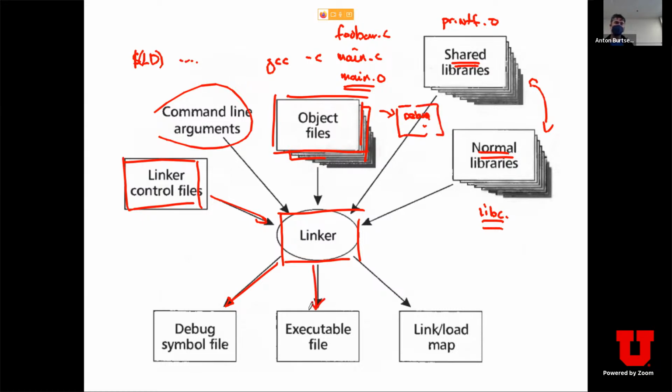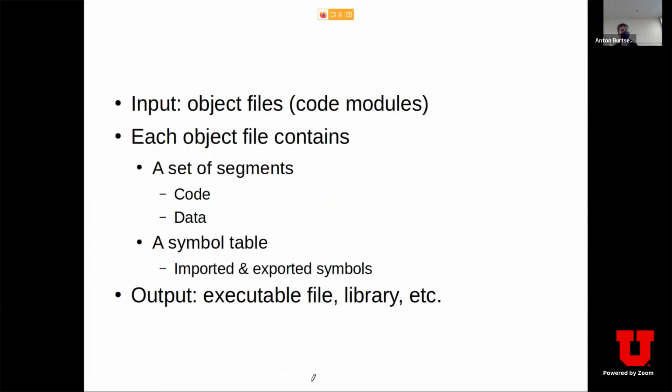It might provide an executable file which might be running on your system, or might be linked into a library, and will provide some additional information which allows you to link it again with something else at the next step. Roughly speaking, nothing super interesting, just a bunch of steps. And that's essentially the slide which summarizes those steps.